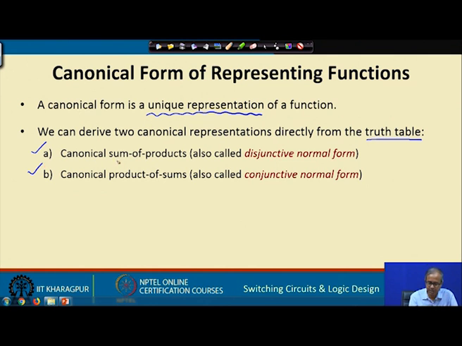One is called canonical sum of products, which is sometimes also known as disjunctive normal form, or a product of sums, product of sum terms, which is called conjunctive normal form. Normal form is a term which is used in propositional calculus, which refers to some kind of canonical representation, some kind of unique form of representation.